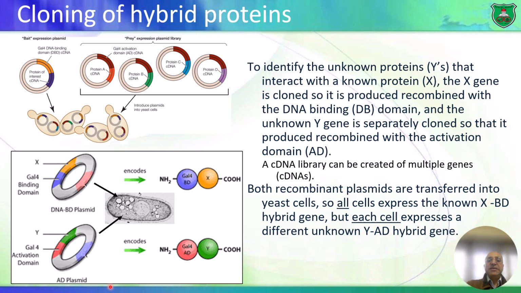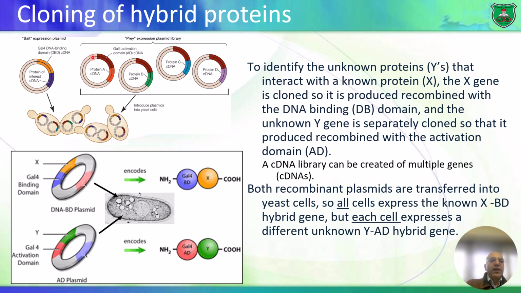we create a cDNA library. Remember what it means? It's a collection of plasmids, and each plasmid contains a cDNA representing a specific gene. That's a cDNA library, a collection of different plasmids.